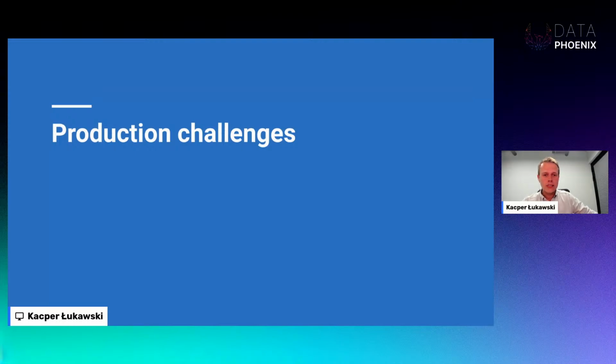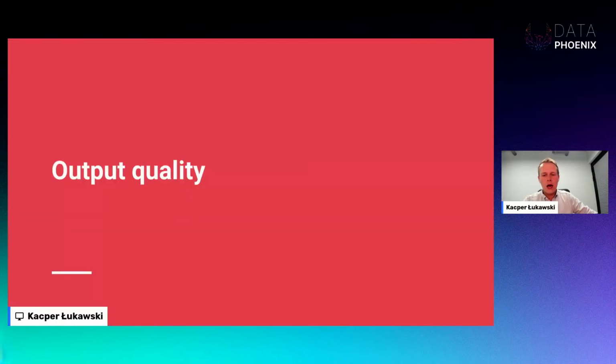But overall, when you decide to go to production, you need to care about the output quality. You need to care about the responses generated by your large language model.